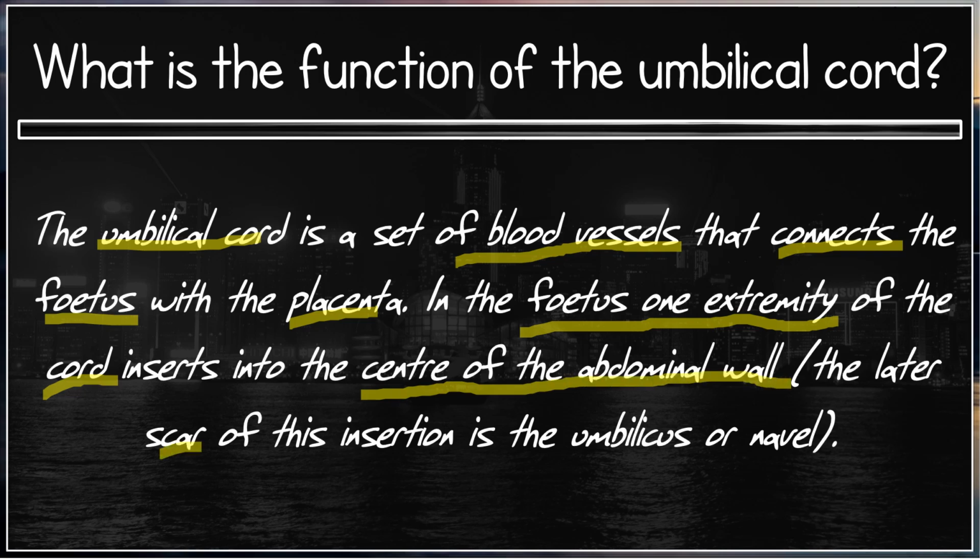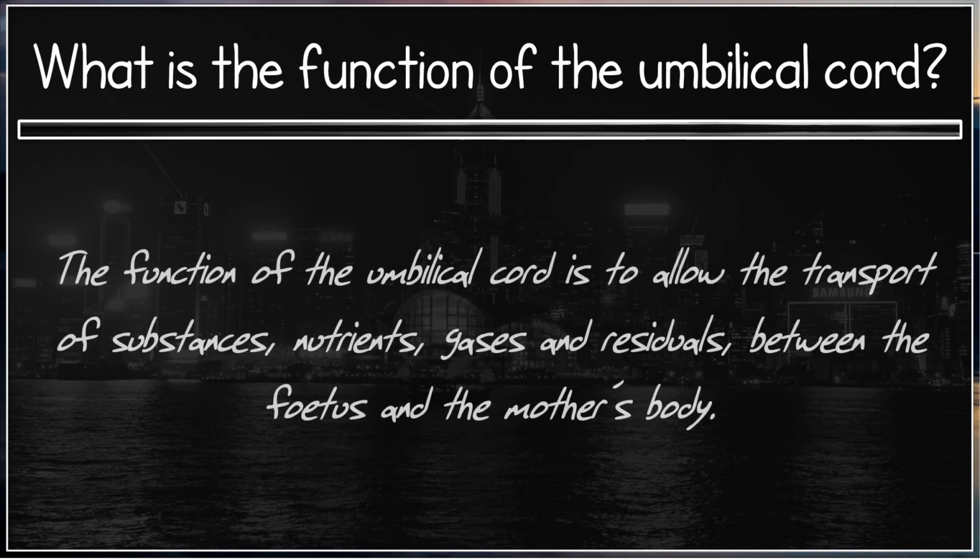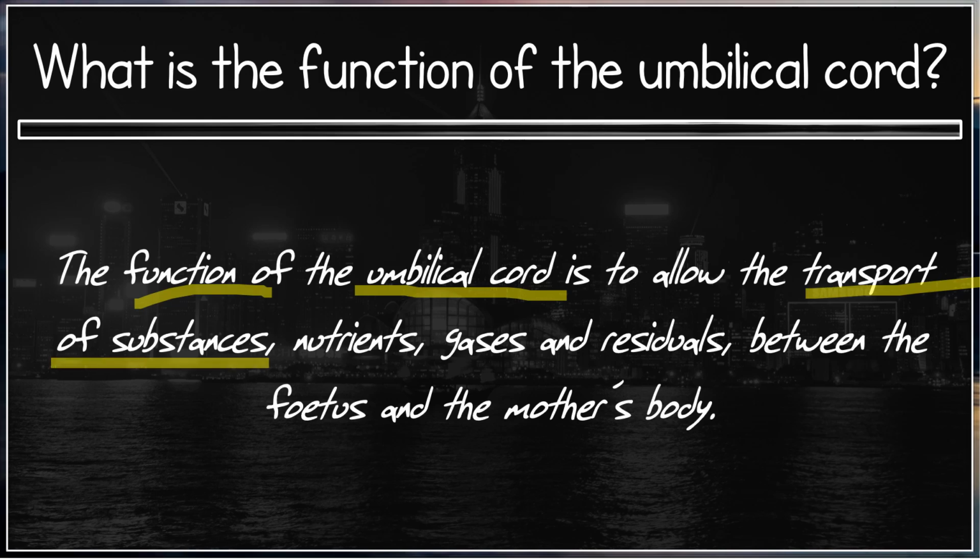The latent scar of this insertion is the umbilicus or navel. The function of the umbilical cord is to allow the transport of substances, nutrients, gases, and residues between the fetus and the mother's body.